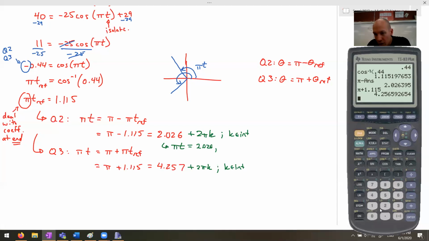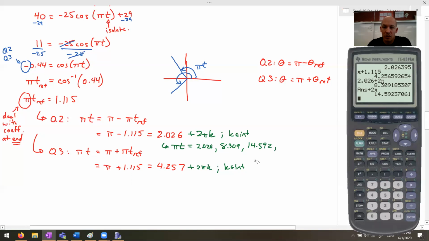So what is 2.026 plus 2 pi? So we could also get 8.309, or we can add 2 pi to that as well. And that's going to be equal to 14.592, and we can keep on going and going and going.